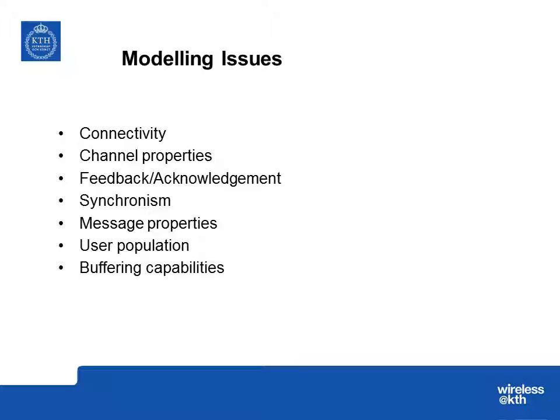The model we have described so far is a very simplistic model, and this is the one that we mainly use for our mathematical analysis in the next few lectures. There are, of course, additional issues that we will look at throughout the course, and one of them is related to the connectivity or topology of the network.